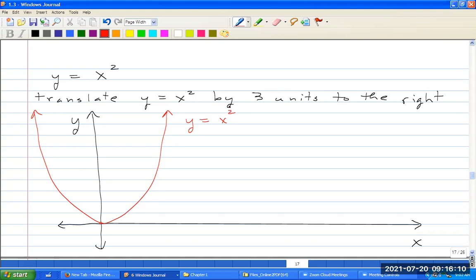It's a parabola, the standard sort of parabola that we did last class. And now I want to translate this 3 units to the right. So I'm going to take this and just move 3 units. Let's say this is 1, 2, 3.